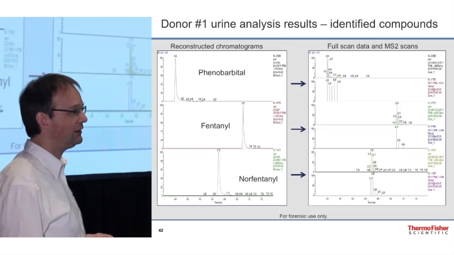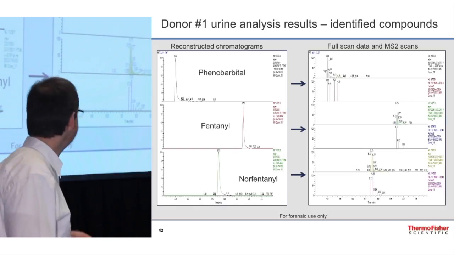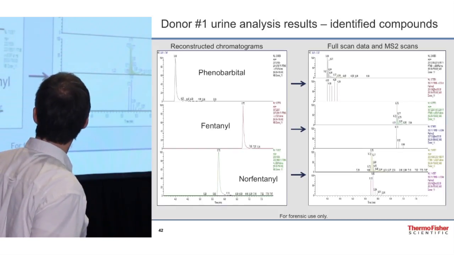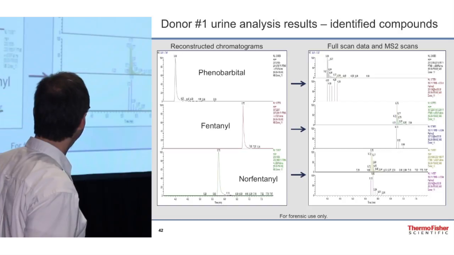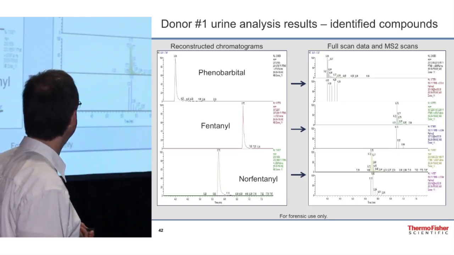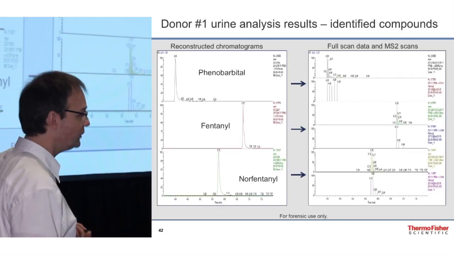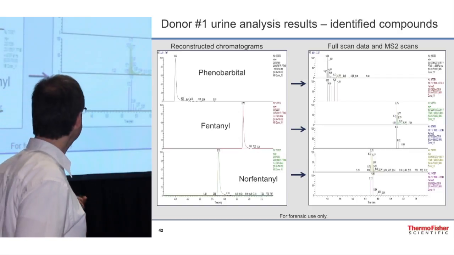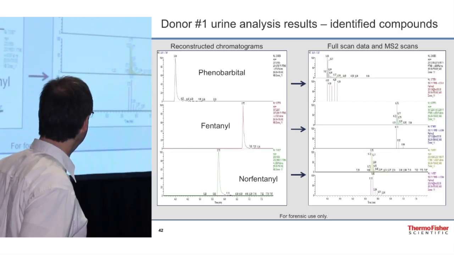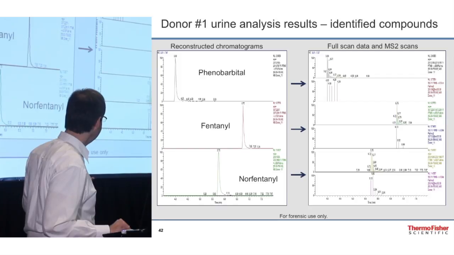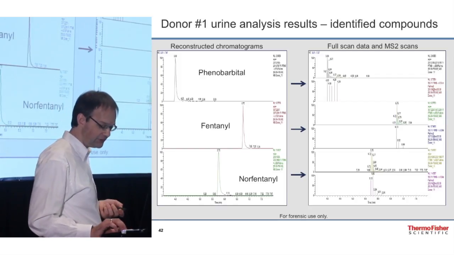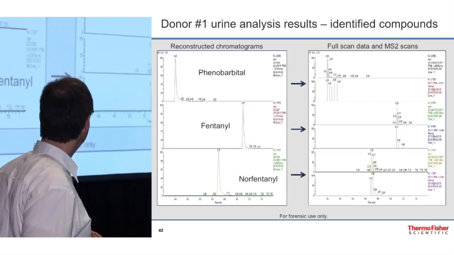But looking into these donor samples, which are real life, easy to detect phenobarbital, fentanyl, norfentanyl, and you see here, that's the point I want to draw you to. This is the number of scans across the peak with polarity switching on such an application. It's not a 1 second peak, but it's not a really wide peak, and still we get lots and lots of quantitative scans here, and lots of confirmatory scans as well, which you can rely on for fragment confirmation.